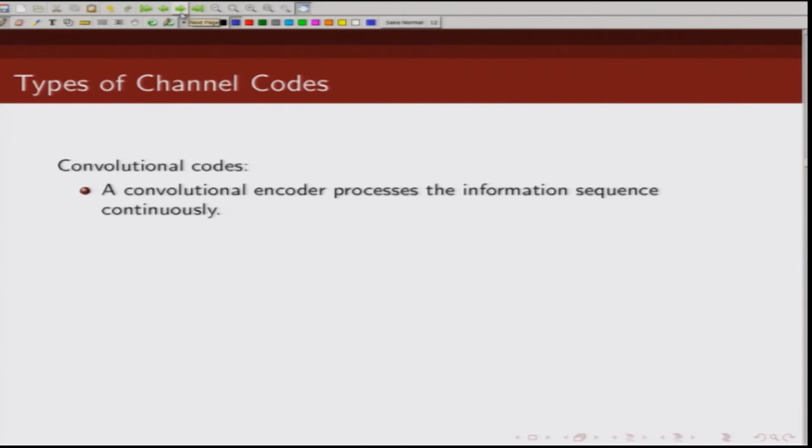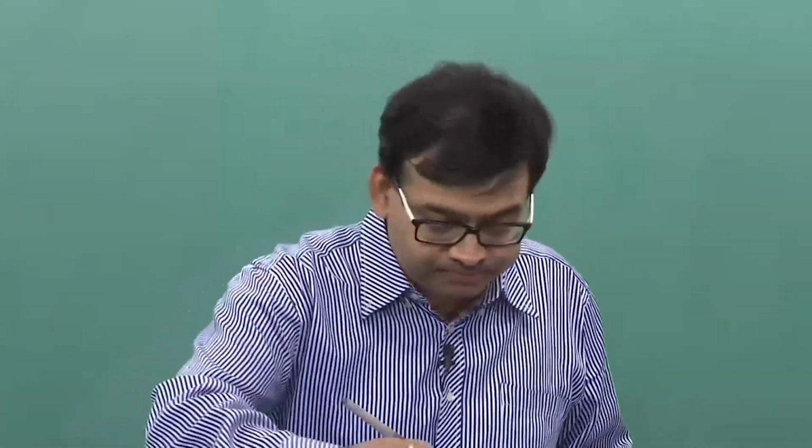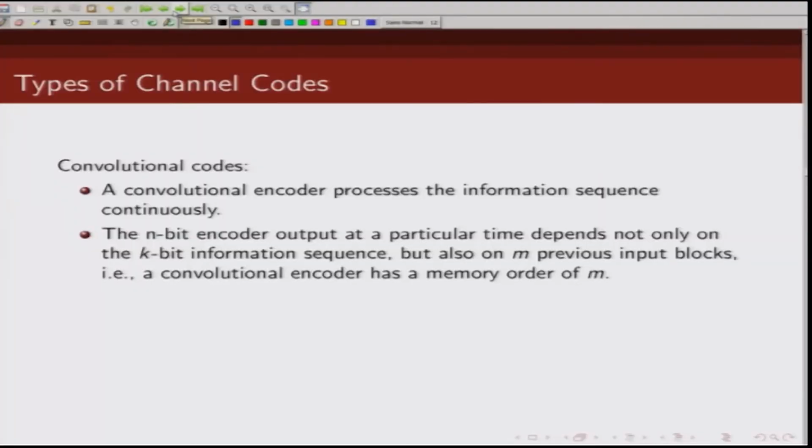So, in block codes we parse our information sequence into blocks of data and we handle them block by block, whereas in a convolutional code you can process your information sequence in a continuous fashion. The second difference is the encoding in convolutional code is with memory.